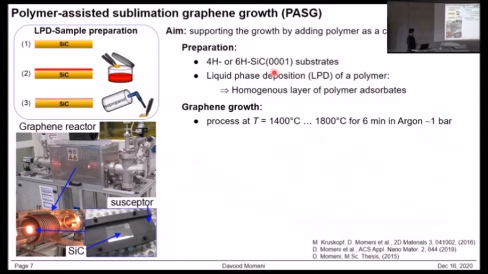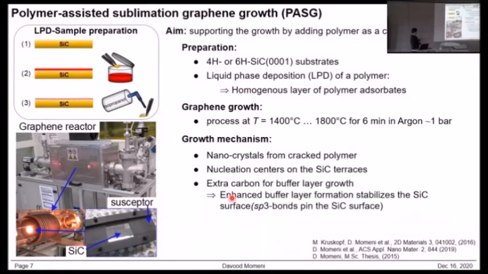So the samples are then ready to be loaded into the oven, as you can see here on the left side or right side. The main process is performed in an argon ambient, with different temperatures and time windows.